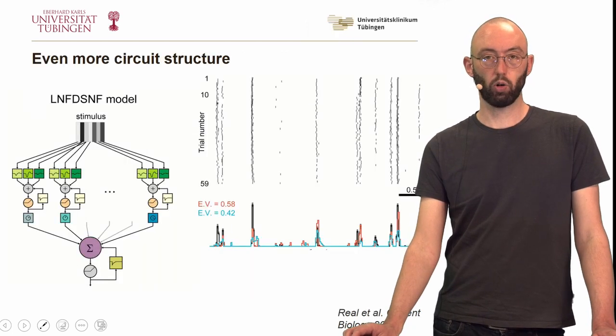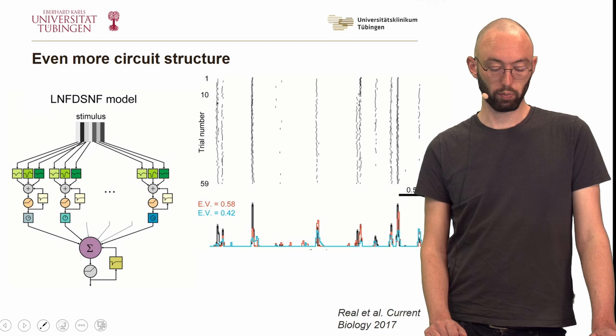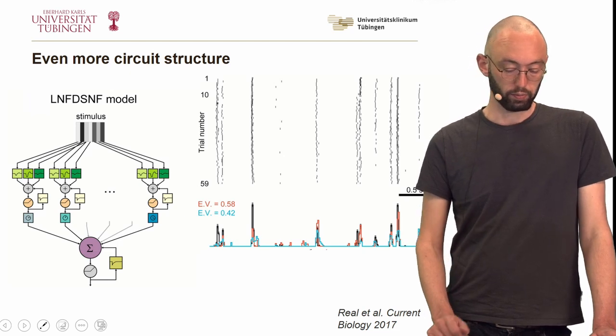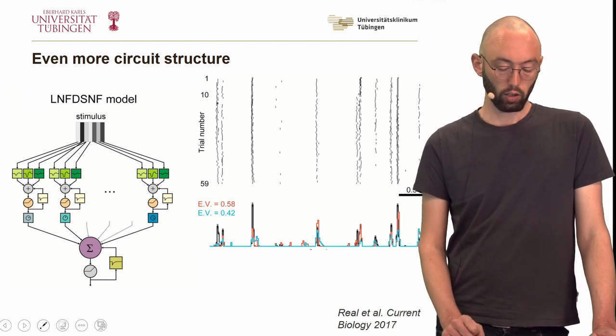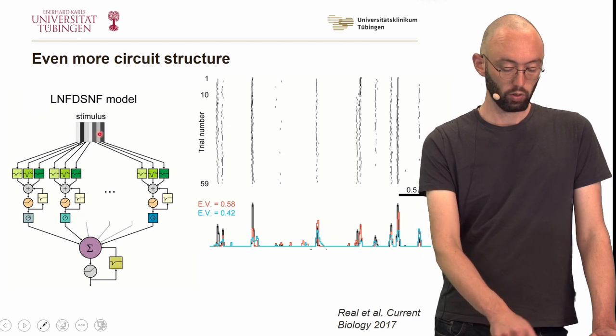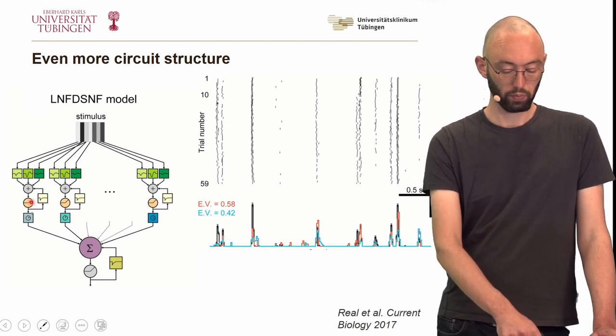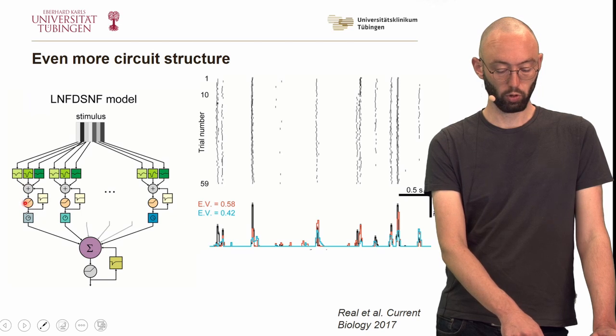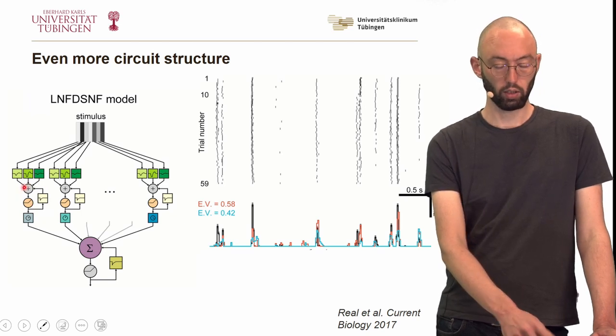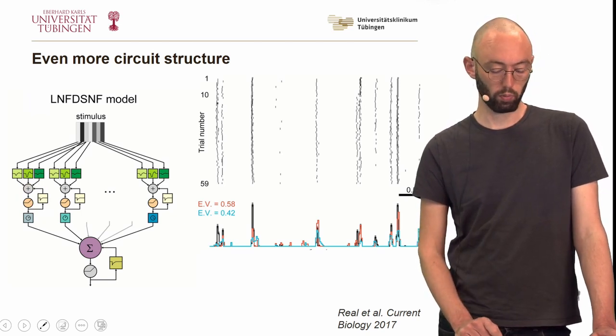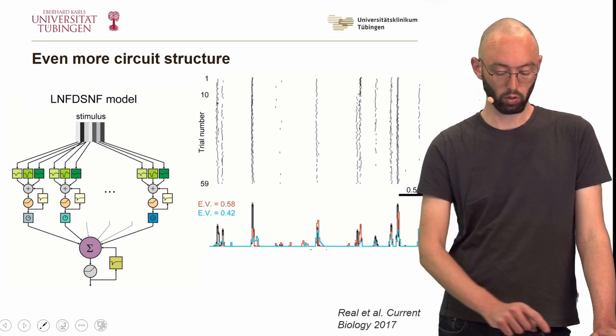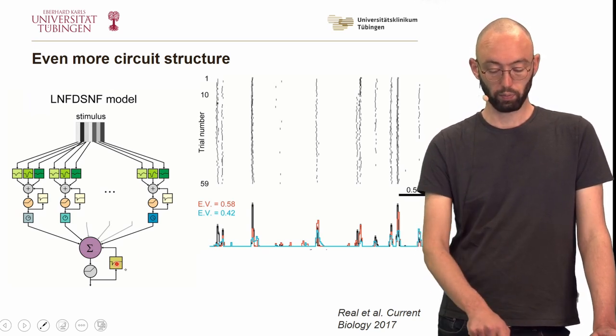We can even build models with more circuit structure inbuilt. So there's a whole cascade of models where we have here a stimulus, individual subunits that are filtered and then pre-processed. There's delay terms that feed back in, so spike history terms or delay terms on various levels.